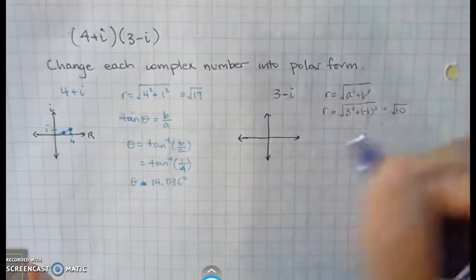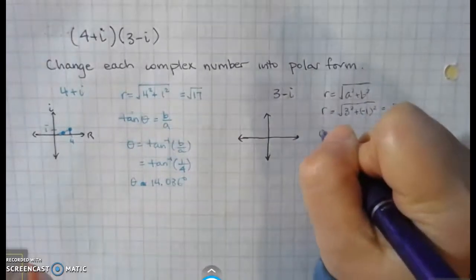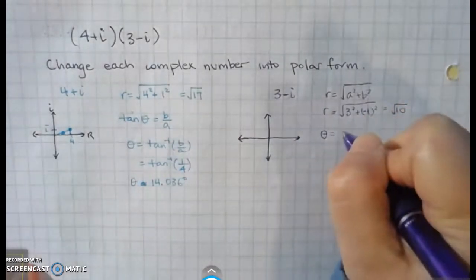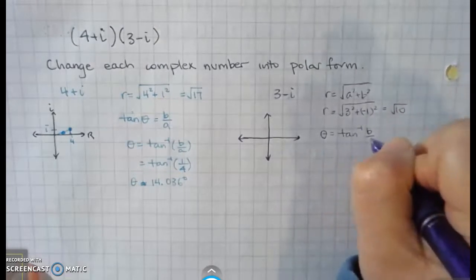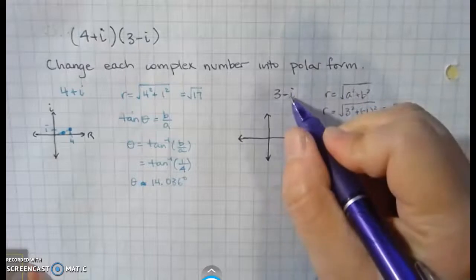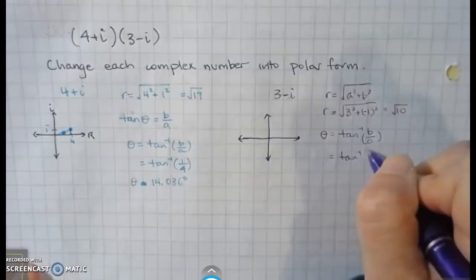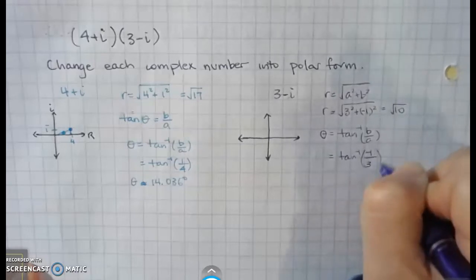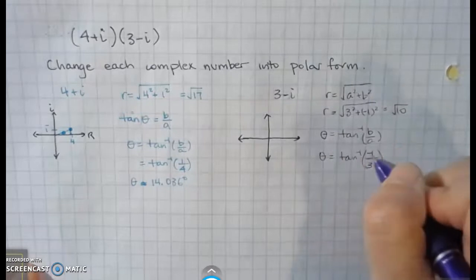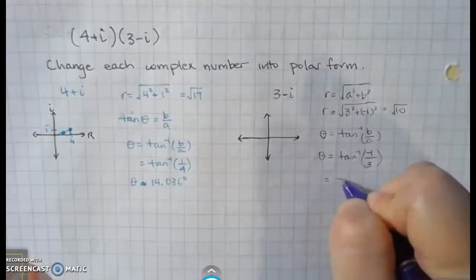So r is going to be equal to square root of 10. And what is theta? Theta is going to be inverse tangent of b over a. And b is negative 1 over a is 3. So inverse tangent of negative 1 over 3.